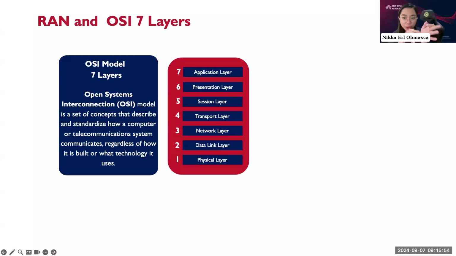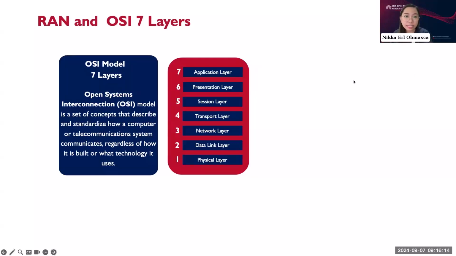For example, we have different file formats like JPEG for images, MP3 for audio, and other file formats. Pag naman encryption, we have HTTP. So dito nangyayari lahat sa pinakang presentation layer natin.